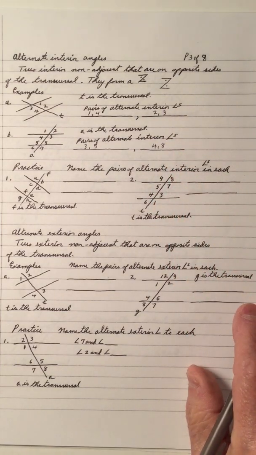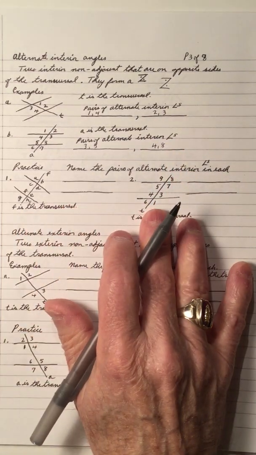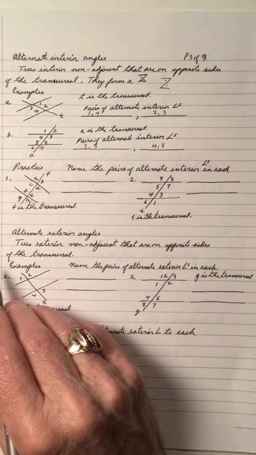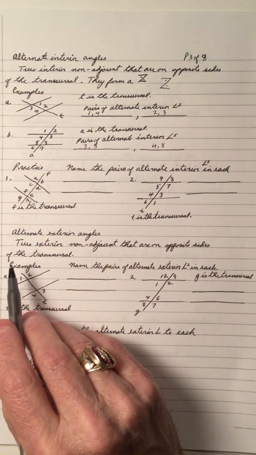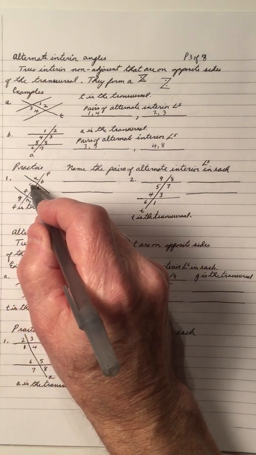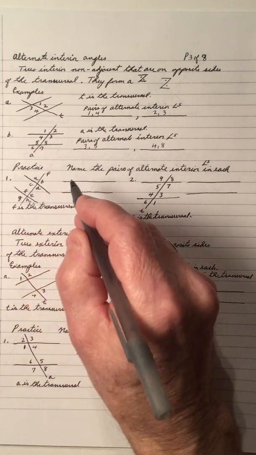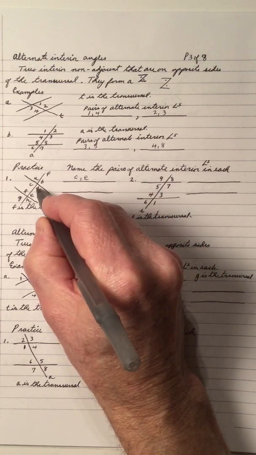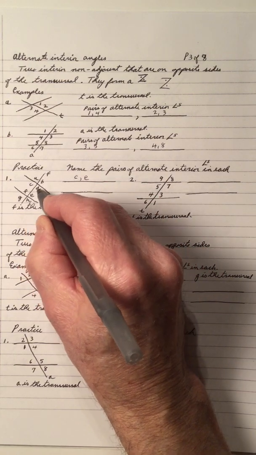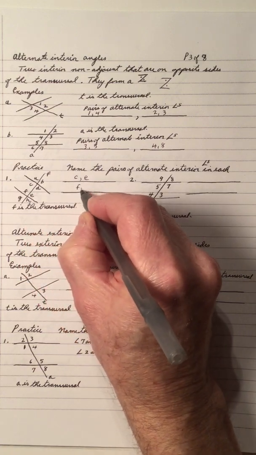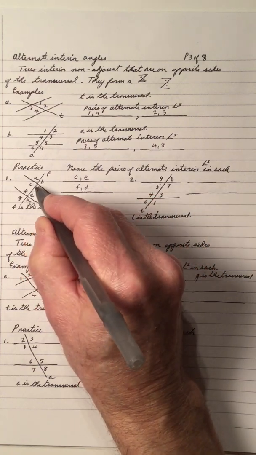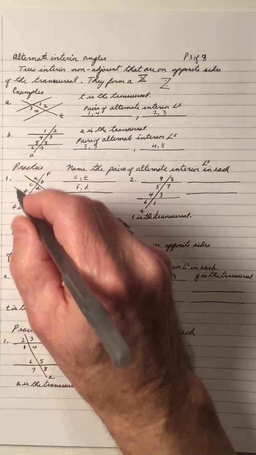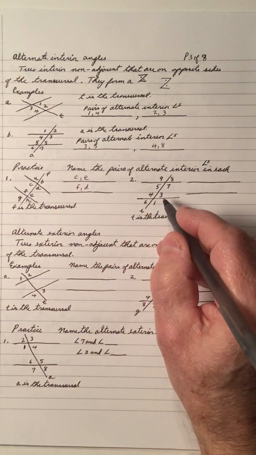Alternate interior. Practice. We have these two diagrams now. Pause the video and see if you can pick out the alternate interior angles in each of these diagrams. The interior angles are C, D, E, and F. So alternate interior is C and E. Another pair is F and D. Interior angles that alternate across, from one side to the other of the transversal.